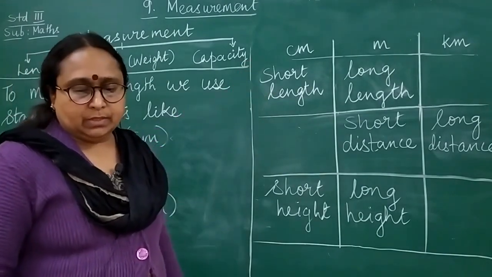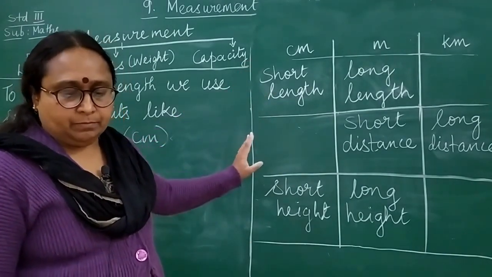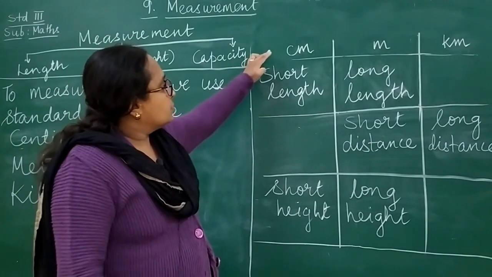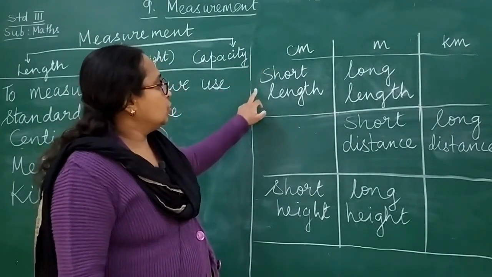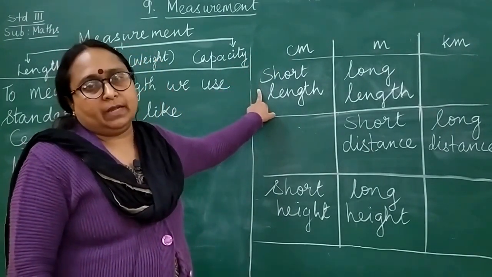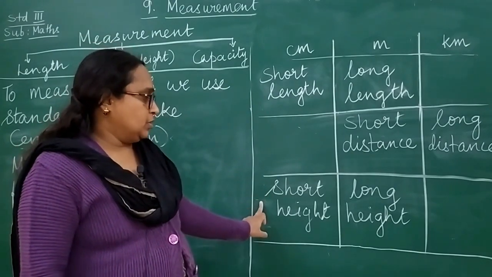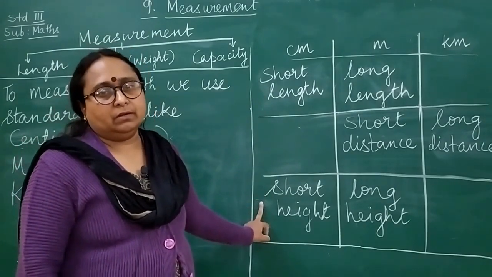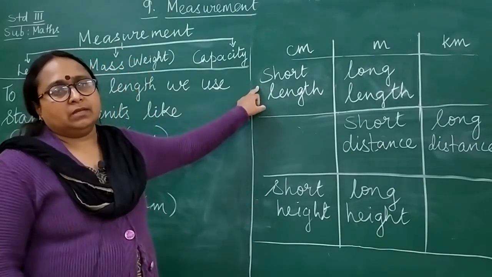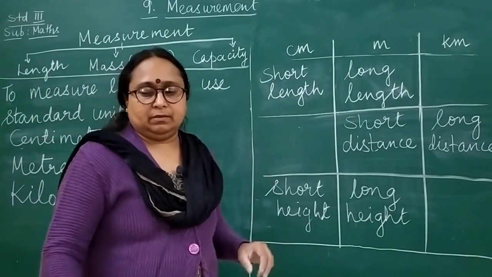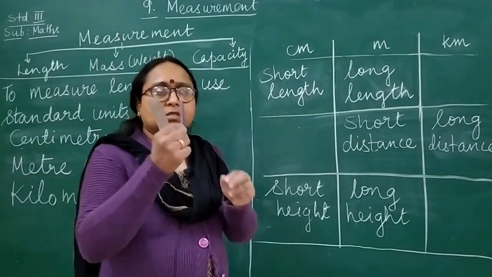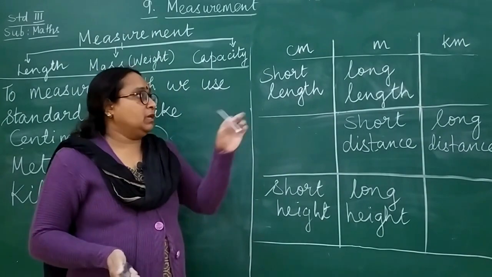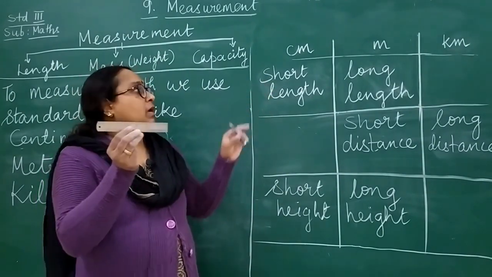Where we will use this centimeter: we use centimeter when you measure short length and also when you measure short height. Short length in the sense when you are measuring a pencil. When you measure a pencil you will take a small scale.